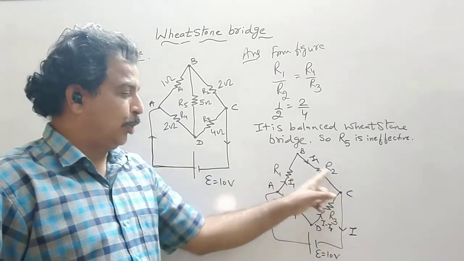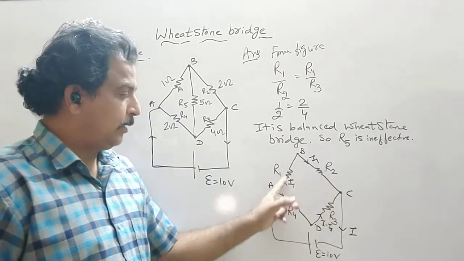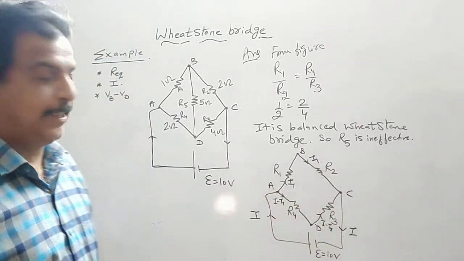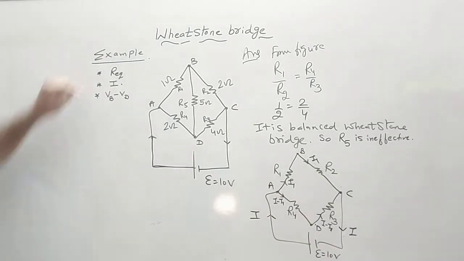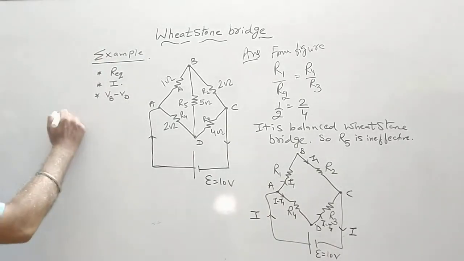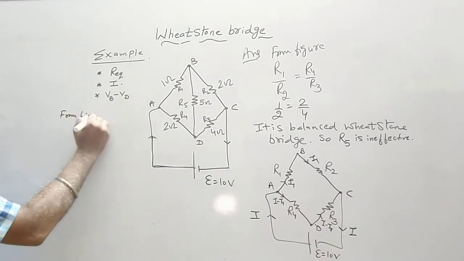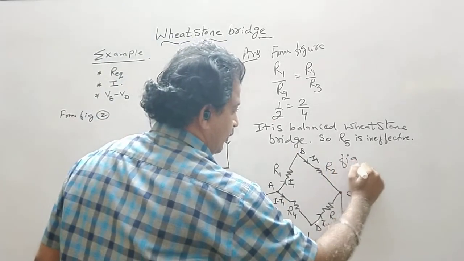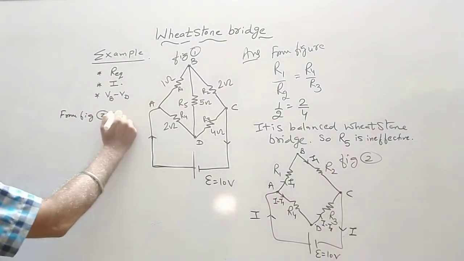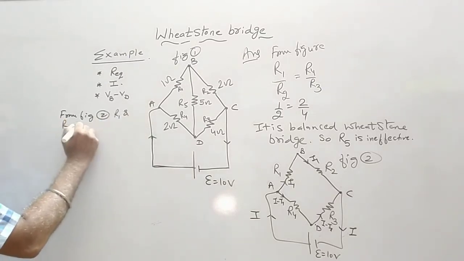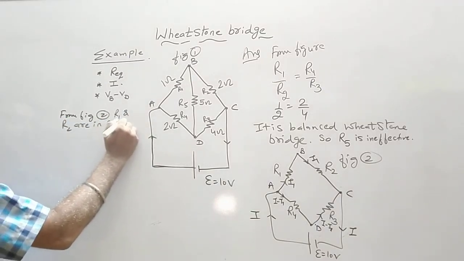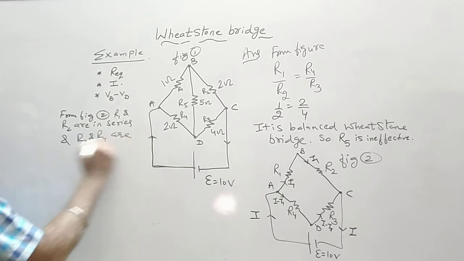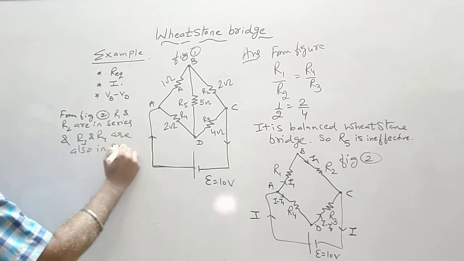Now see, the current in both these resistors is the same, so it becomes a series combination. R1, R2 are in series, R3, R4 are in series, the same current is flowing through them. So we have to find the equivalent resistance. This is our figure 1 and this is our figure 2. From figure 2, R1 and R2 are in series and R3 and R4 are also in series.